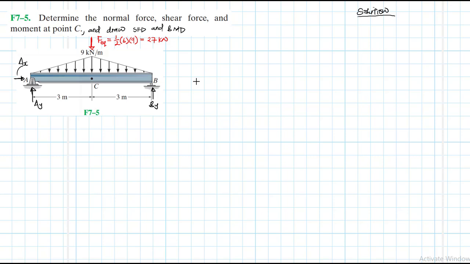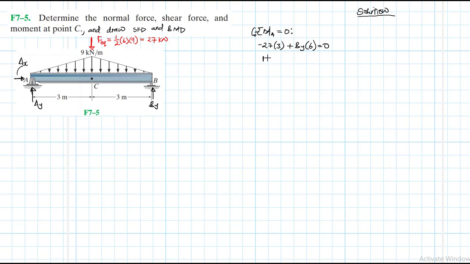All right. So let's apply the equations of equilibrium. So we have summation of moments about point A equal to 0, and clockwise being our reference. What do we have? We have a minus 27 times the lever arm 3 plus BY times 6 equal to 0.